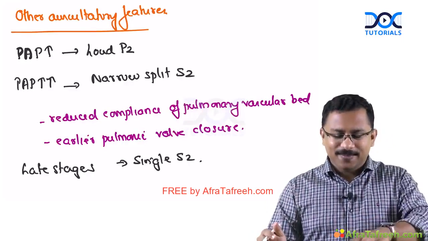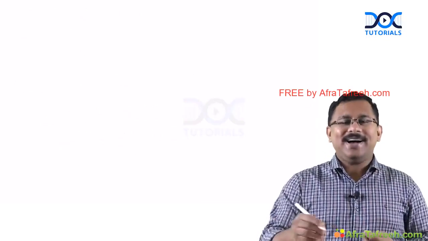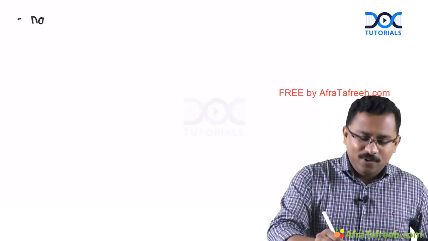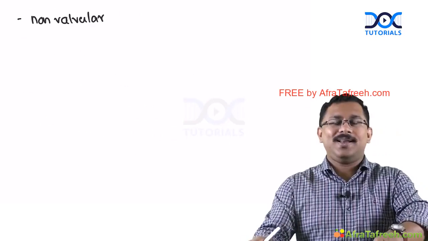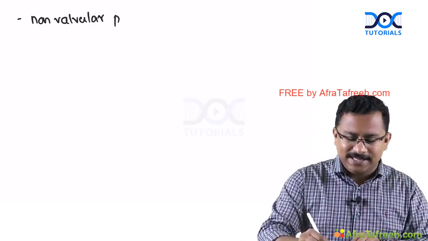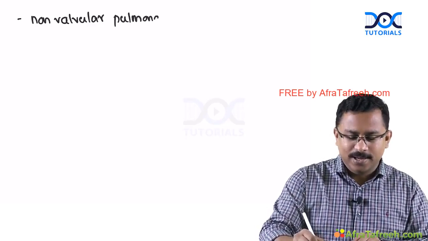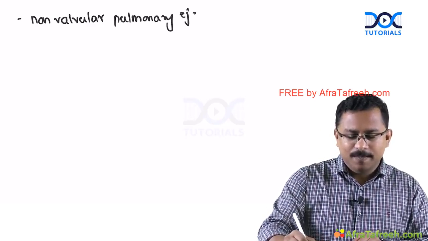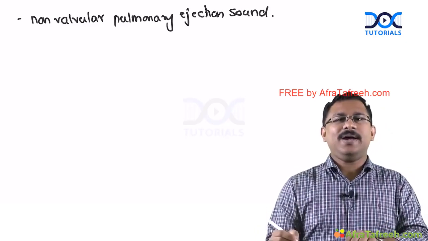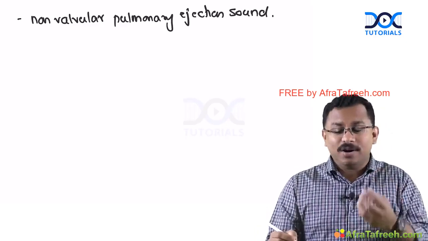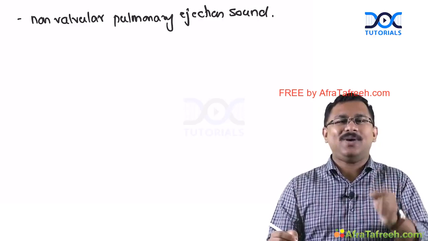Clear? All right. Now you can also have another auscultatory finding, a non-valvular pulmonary ejection sound. Why does this happen?